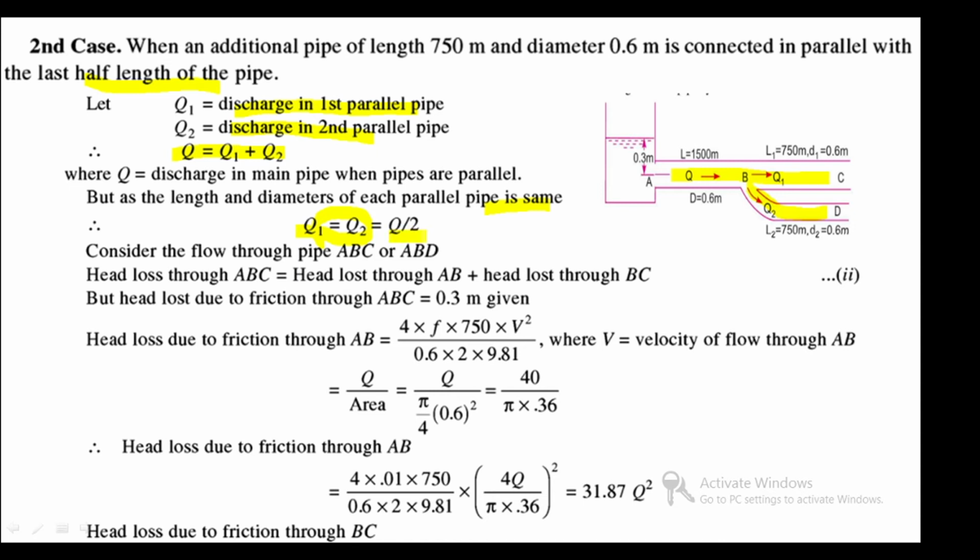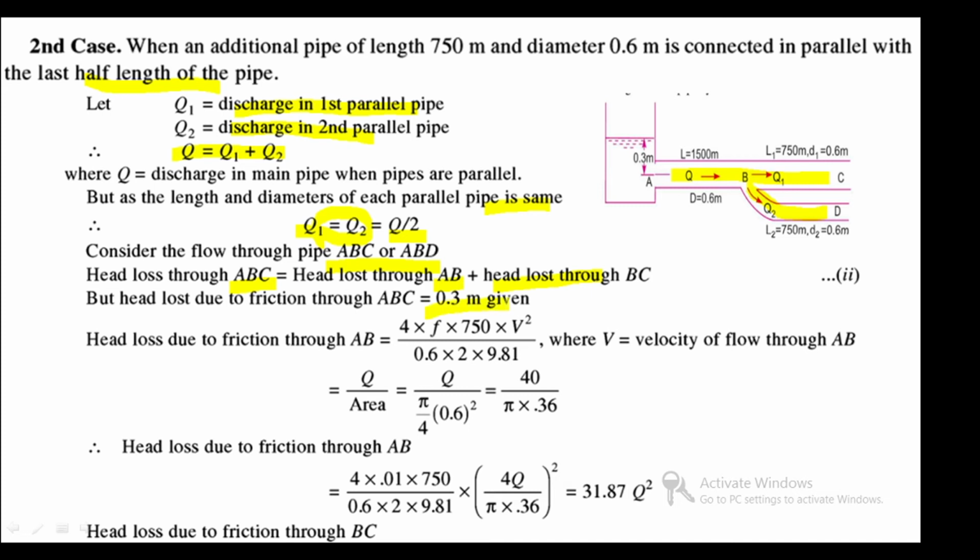Consider the flow through pipe ABC or ABD. Head loss through ABC equals head loss through AB plus head loss through BC. But head loss due to friction through ABC is 0.3 meter, which is a given value.